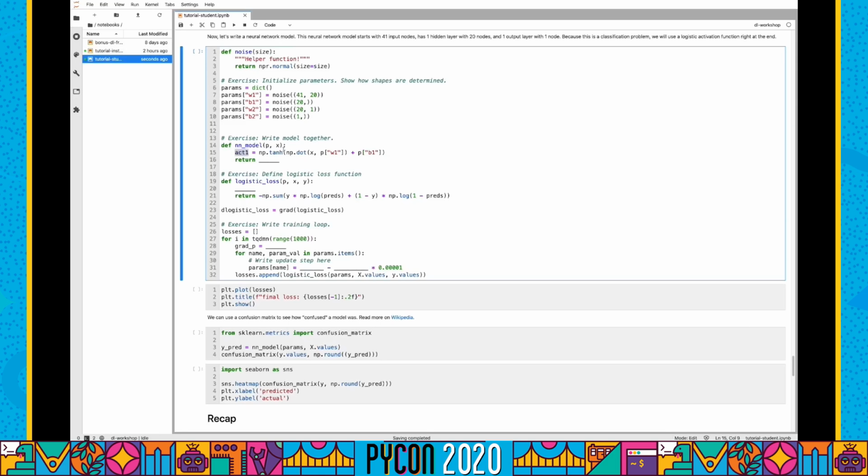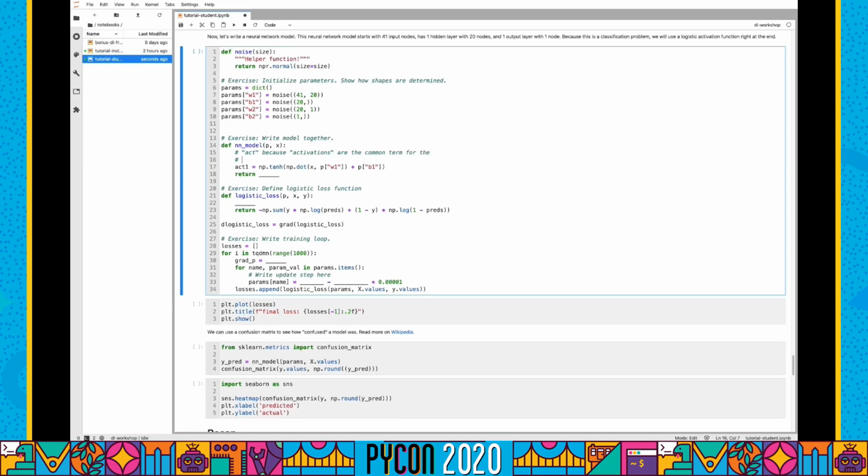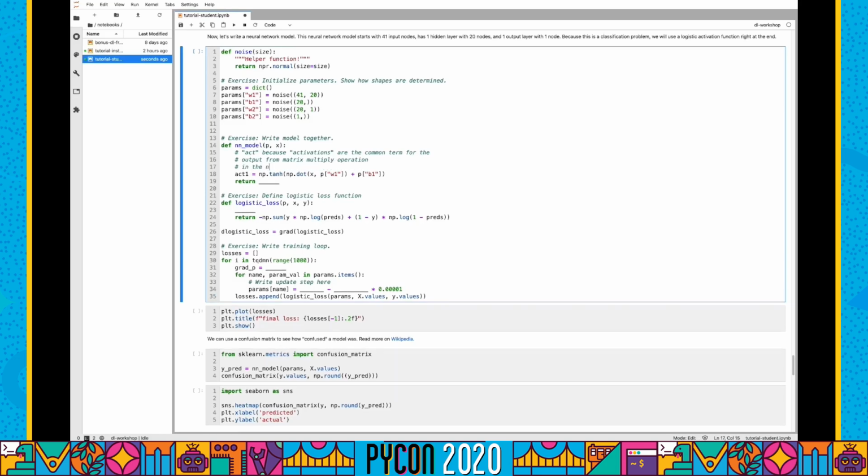We call these activations. Activations are the common term for the output from a matrix multiply in the neural network / deep learning world.